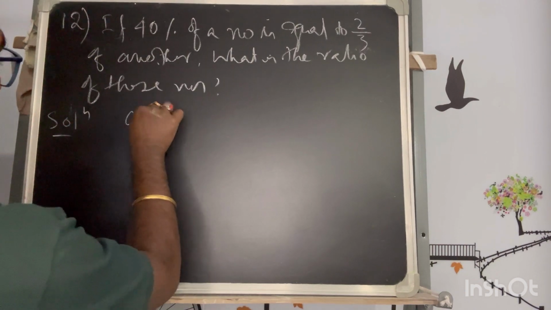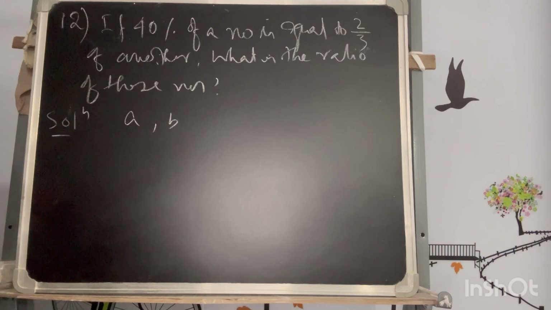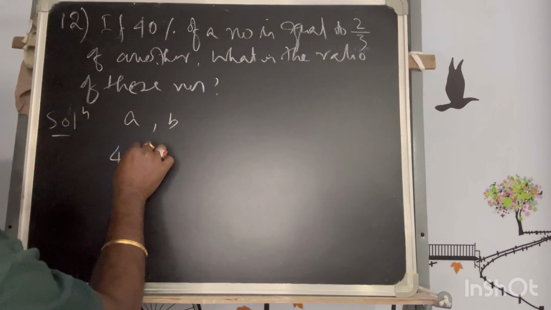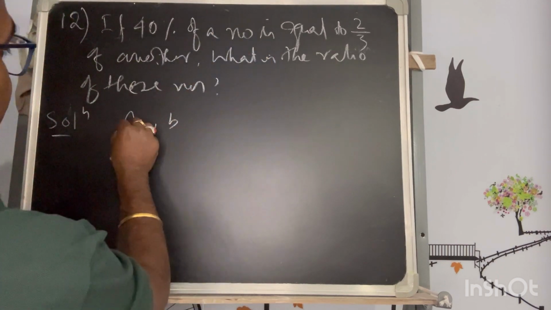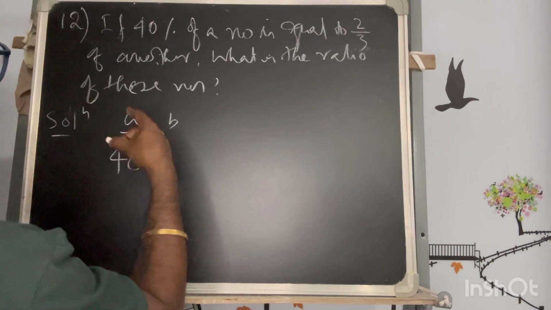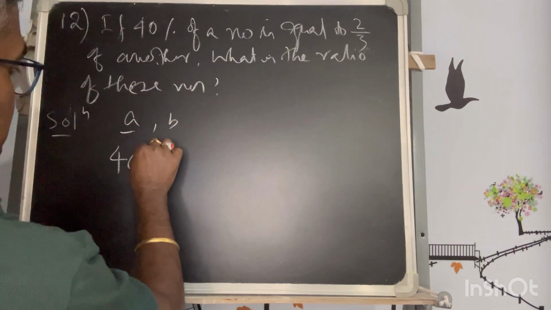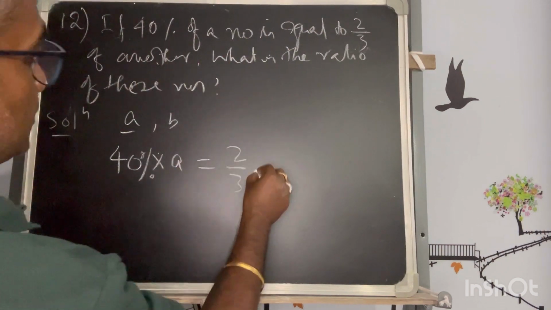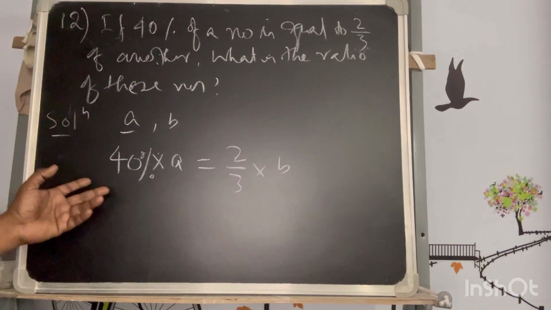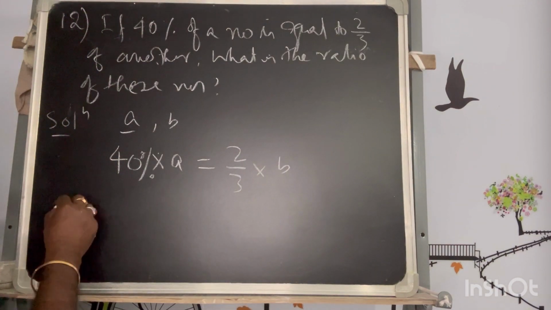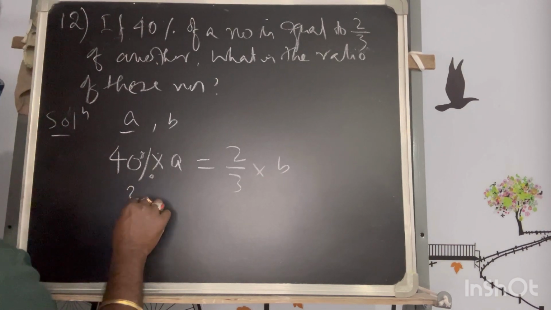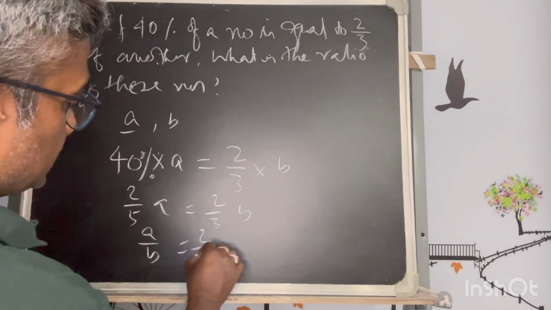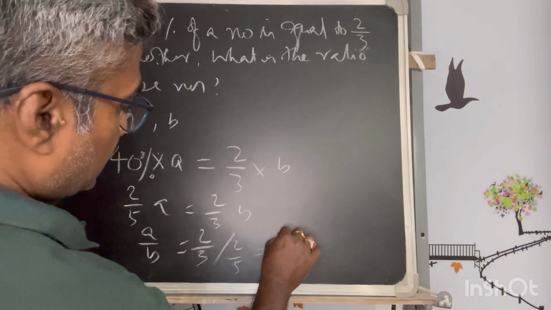Let the two numbers of which you have to get the ratio be A and B. The condition is given as 40% of a number. 40% of means 40% into A is equal to 2/3 of the other number B. If I put it in an equation as it is said, 40% is nothing but 2/5, so 2/5 of A is equal to 2/3 of B. So A by B is 2/3 divided by 2/5, which ultimately is 5/3.